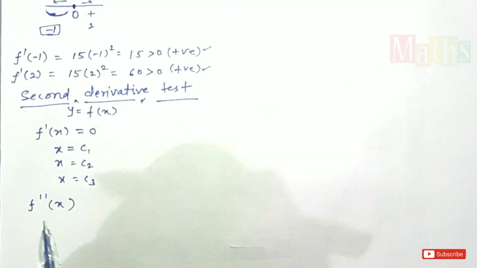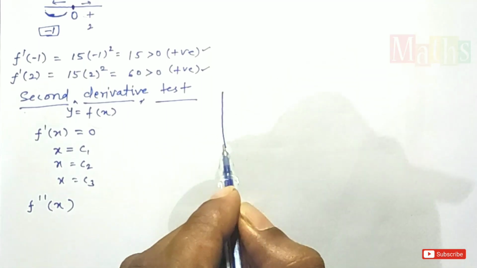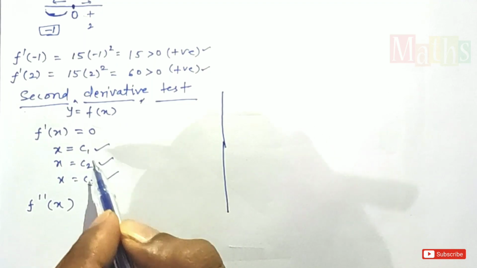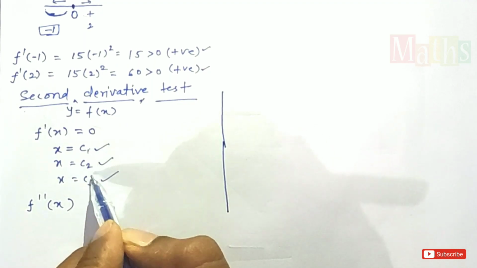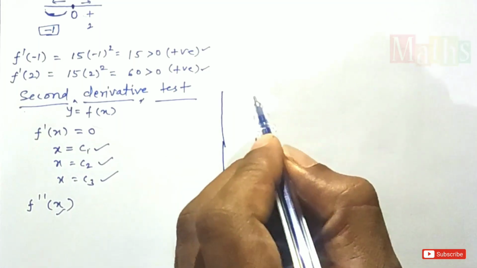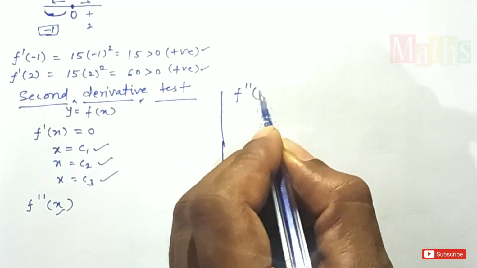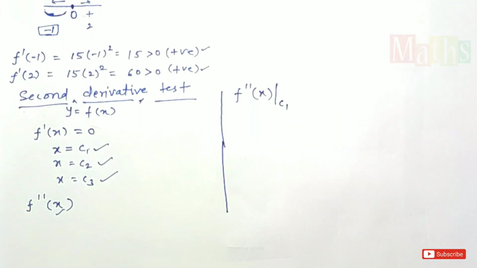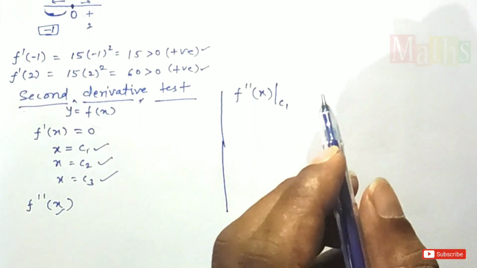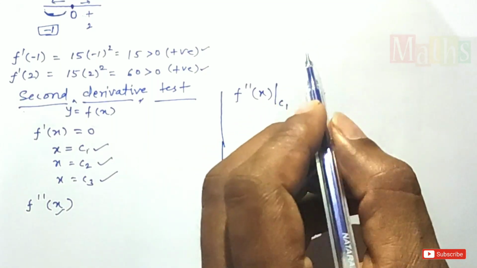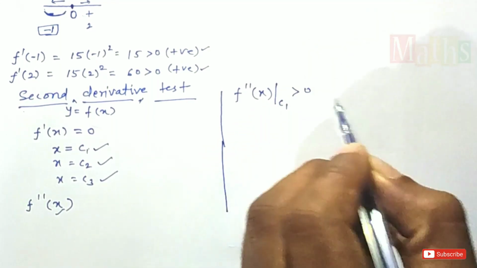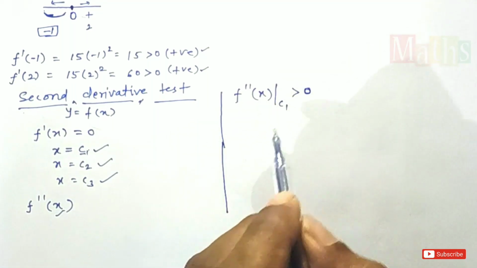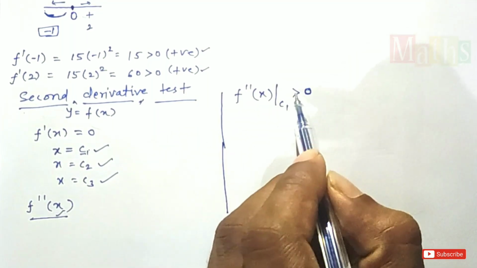After calculating this, we will apply these three values one by one in this function. So at c1, let's suppose the value of the second derivative is greater than 0.